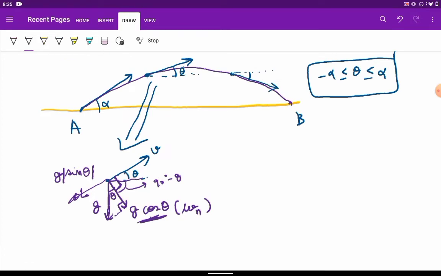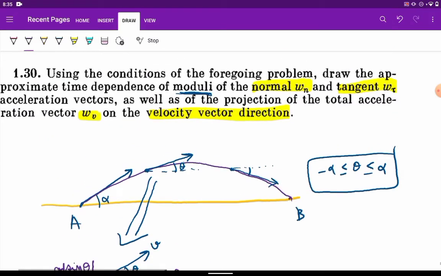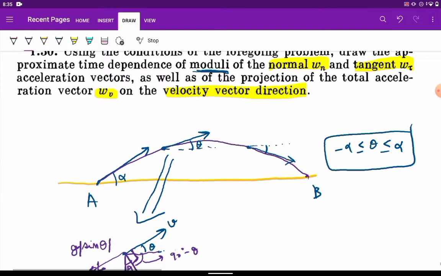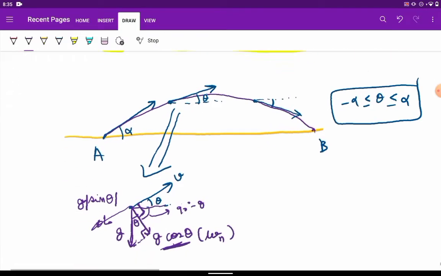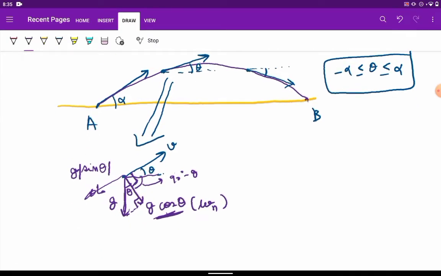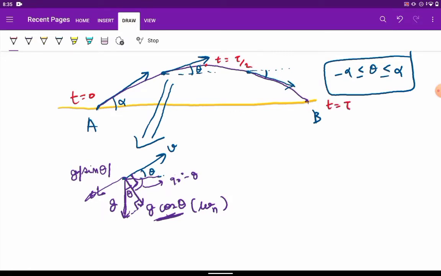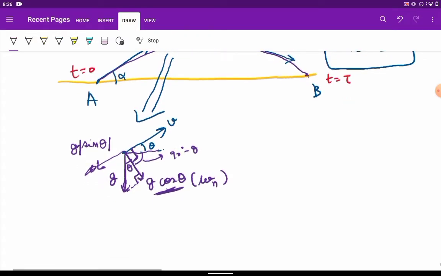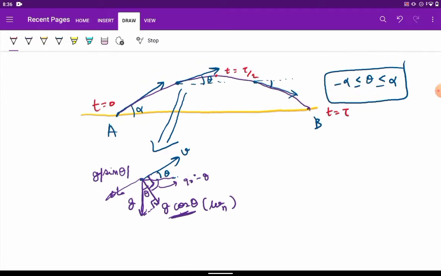Okay, so now we need to make an approximate time dependence sort of a graph. The critical points would be t equal to 0, t equal to tau by 2, where it is at the maximum height of ascent, and t equal to tau, where let's say the whole time taken is tau. So these are 3 points of interest, right?